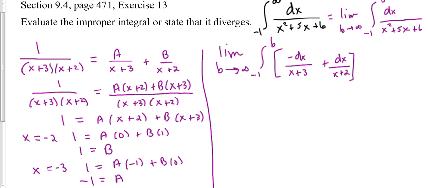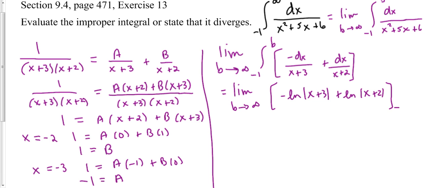And we know what the antiderivative of these two pieces of the integral are going to be. So I'm going to have the limit as b goes to infinity of the negative natural log of x plus 3 plus the natural log of x plus 2, evaluated from -1 to b.